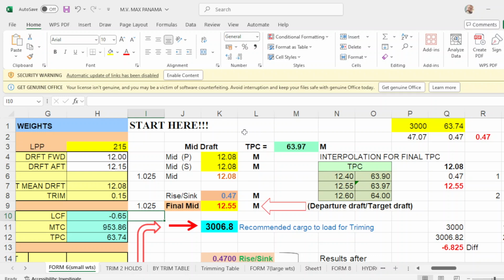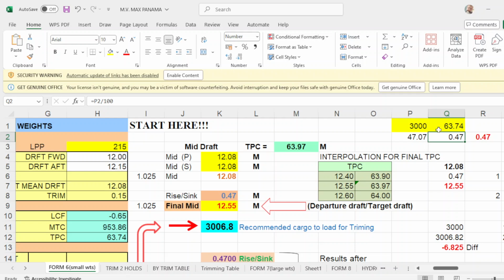Since our remaining cargo to load is 3,000, you put here 3,000. And your TPC at the initial draft is 63.74, which is this one. You put 63.74.